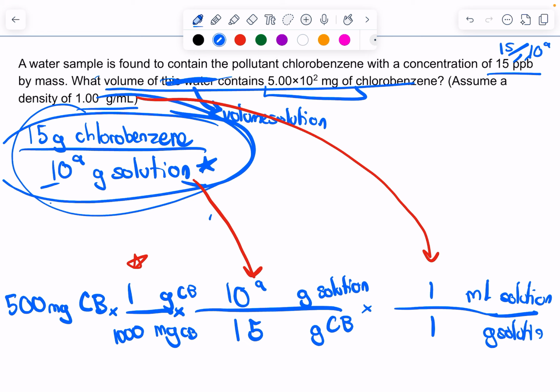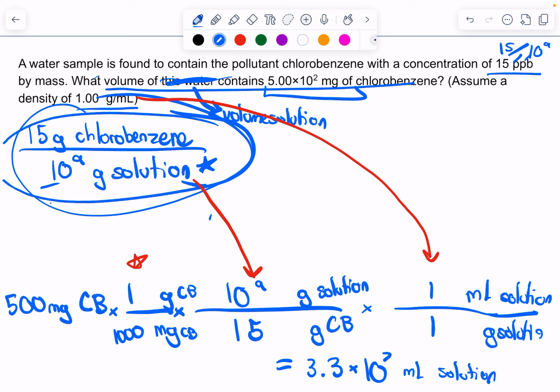We don't really need it because you're just multiplying by 1, but we do need to convert from grams to mL, and it's not always exactly 1. So 500 divided by 1,000 times a billion divided by 15. Of course, it didn't put it in scientific notation for me. So this is going to be 3.3 times 10 to the 7th milliliters solution.